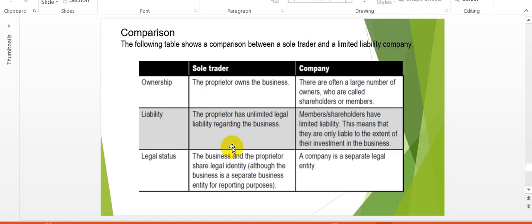The legal status of a sole trader is that the business and the sole trader share legal identity.